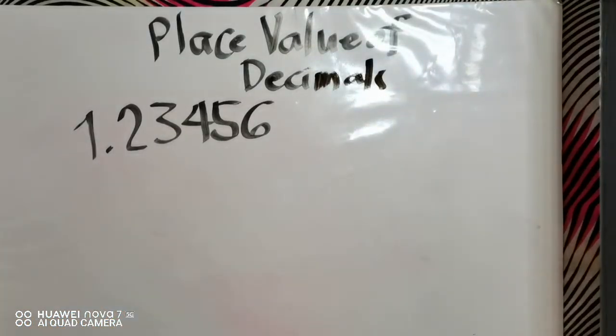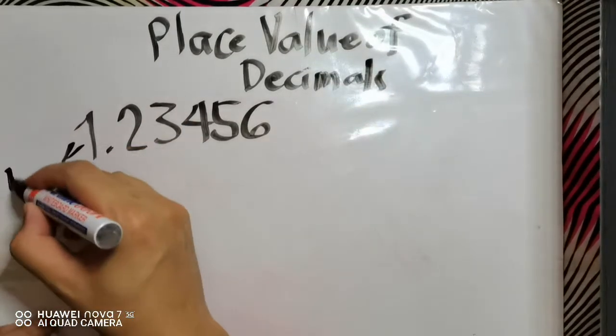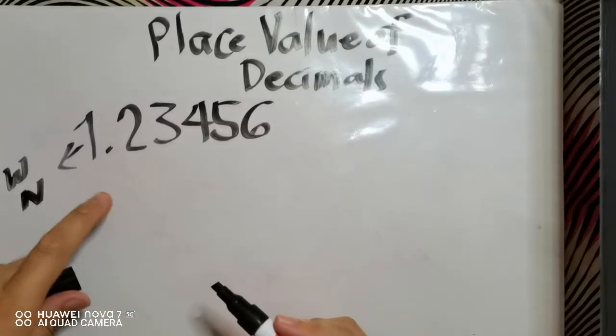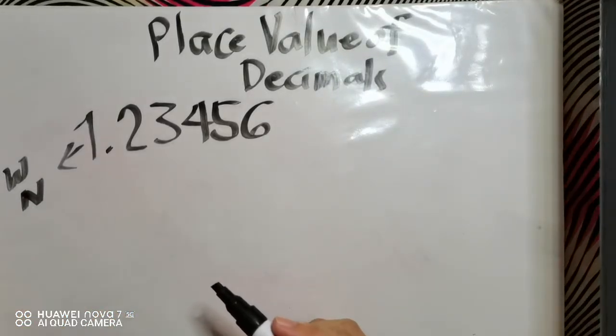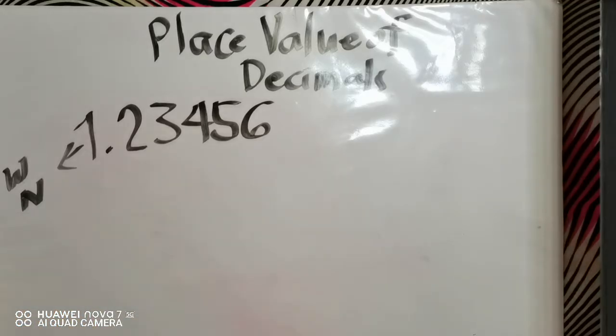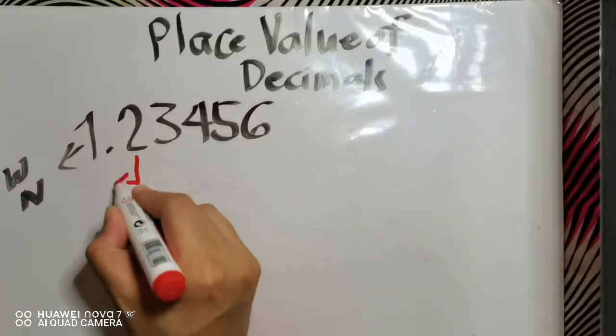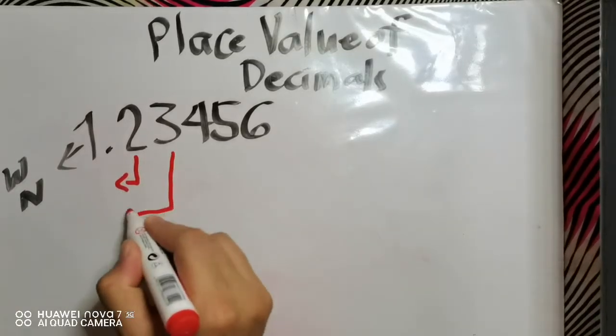Okay. Again, ito ay whole number. And then this is the decimal point. Then let's try to identify the value or the place value of each of the digits. So let's start off with this. Then this.